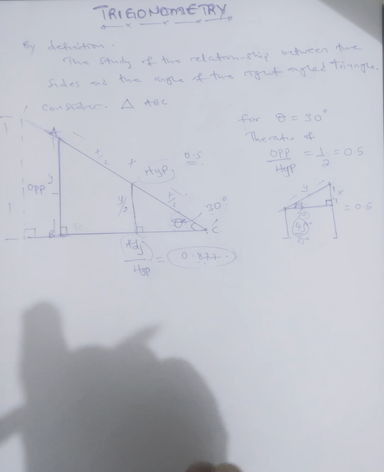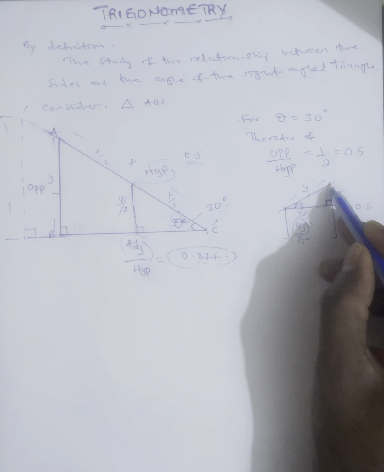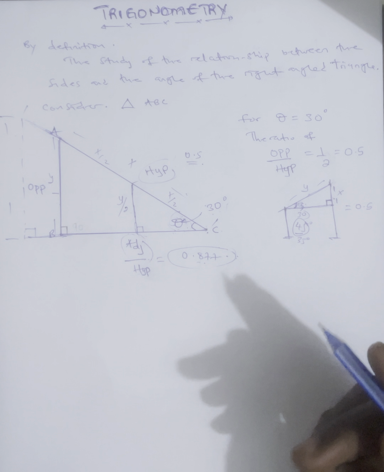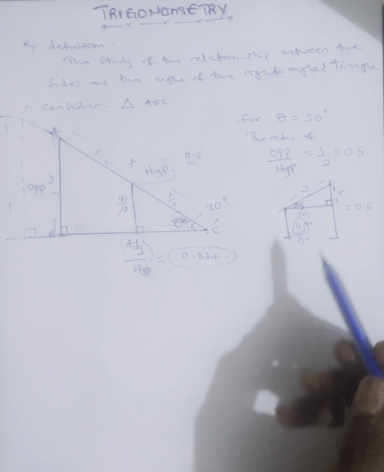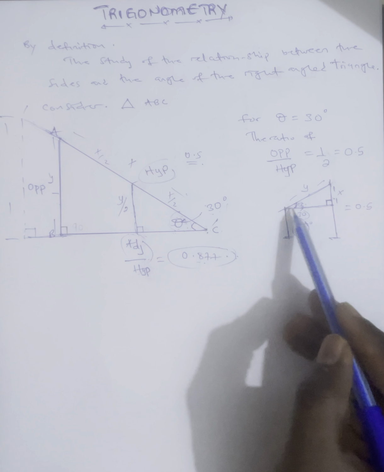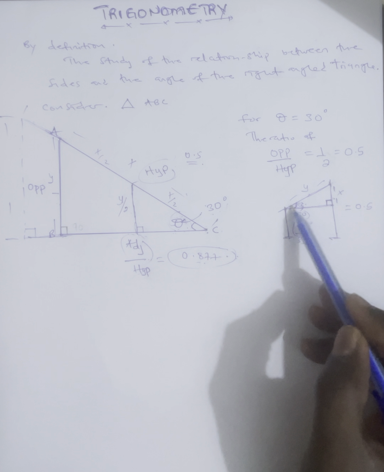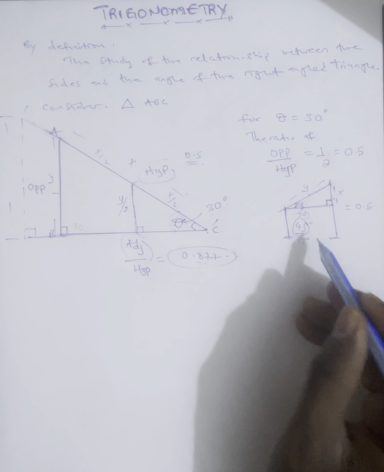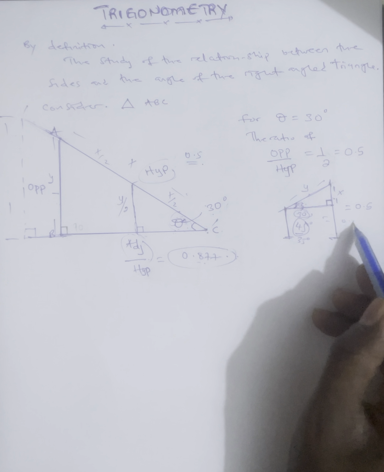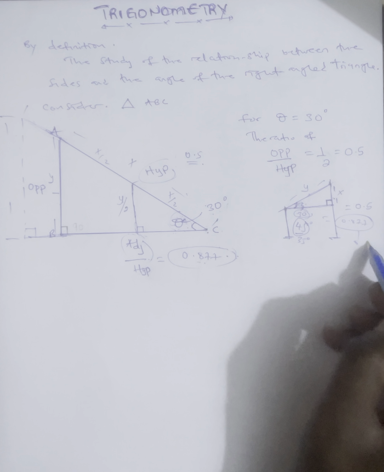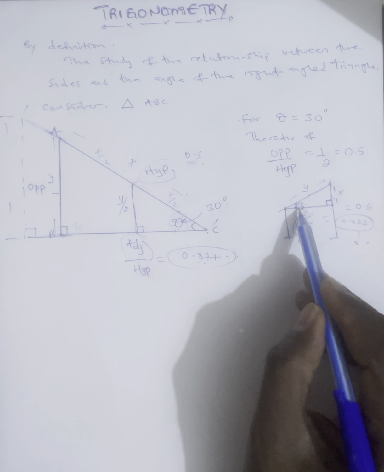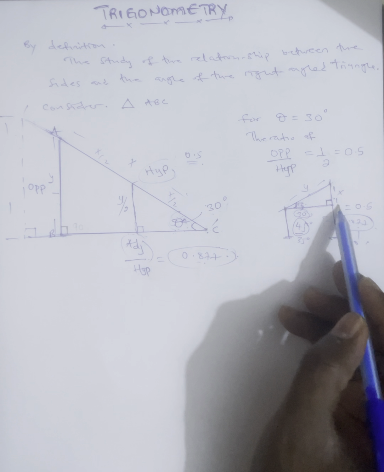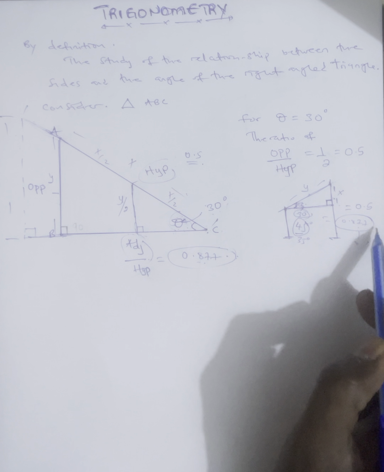So this is a very interesting concept. For the case of our banda la kuku, what will we have? If you take the adjacent side and divide it by the hypotenuse side for the same angle, the ratio will be constant. If here the angle is 30, we will have 0.877 as an example of the ratio. This will be the value if the angle is 30 and this is the adjacent and this is the hypotenuse.